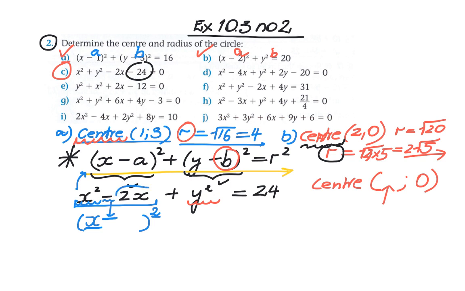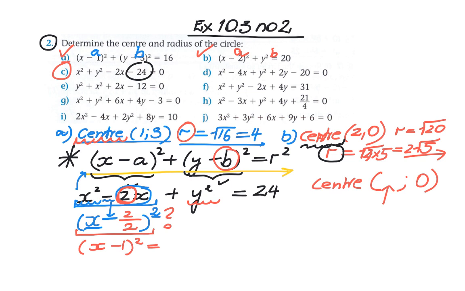And in order to get the 2x, I will have to take that coefficient of the x and divide this by 2. Will it work? If I multiply this bracket out, my bracket is x minus 1 squared.